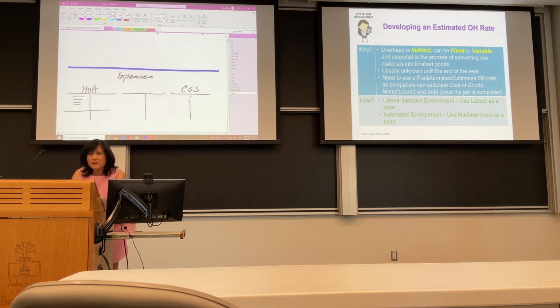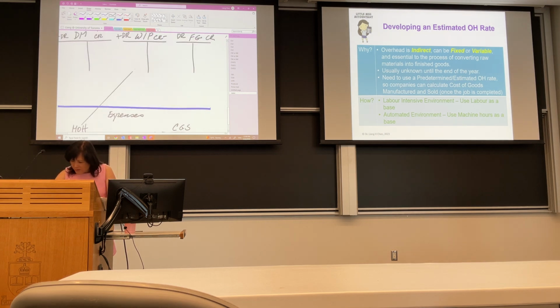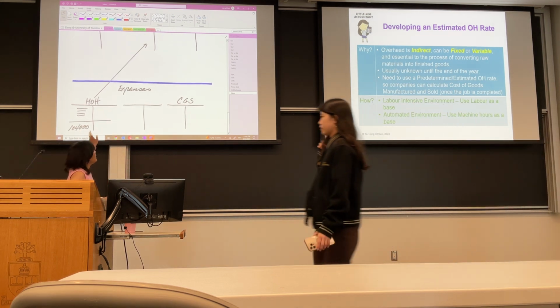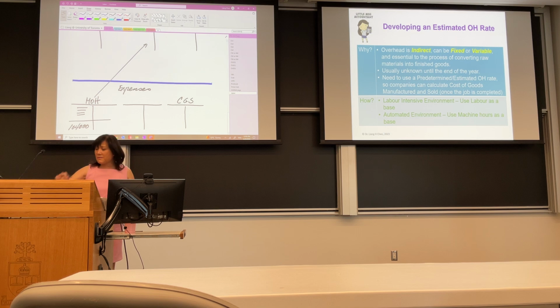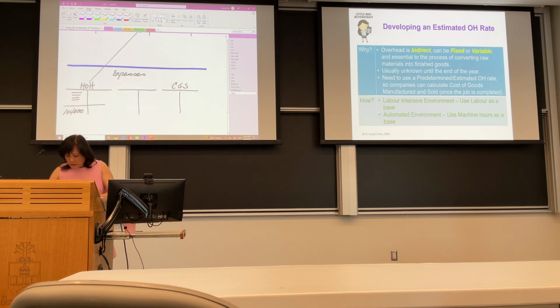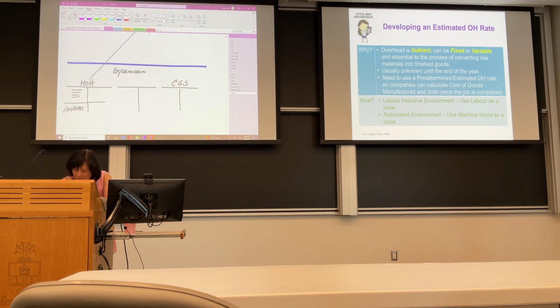And at the end, we add them all together. This is 104,000. Then we transfer this amount to work in process, overhead. Remember we did this last class? I said we add everything here, 104, then we transfer only one amount in here at the end of the accounting period. At that time, last class, I said this is called actual.